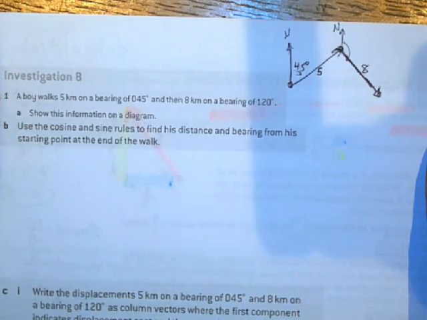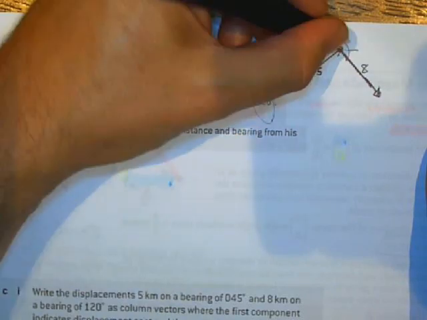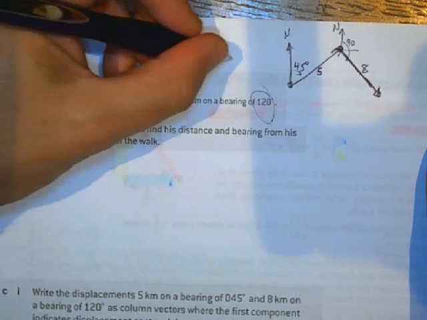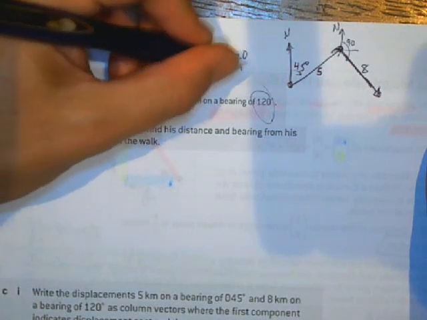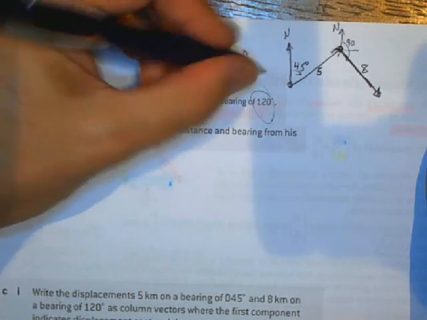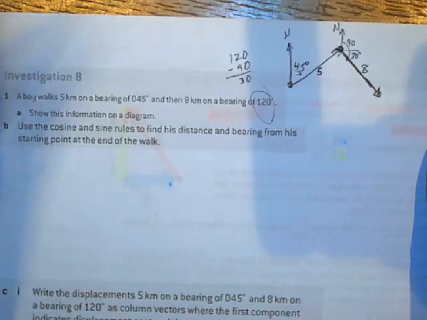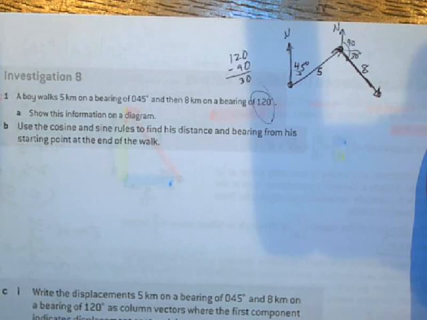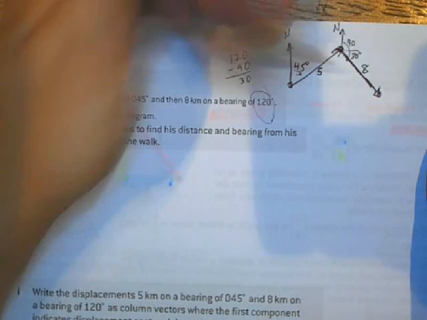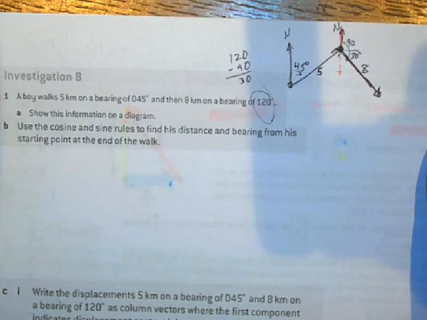Now, if I break this up, if that's 90 degrees, then I can do 120 minus 90, and I can figure out that other angle, and it looks like it's going to be 30 degrees. Now, if this north arrow is going up here, I can draw a dotted line, and that's going to be south, right?